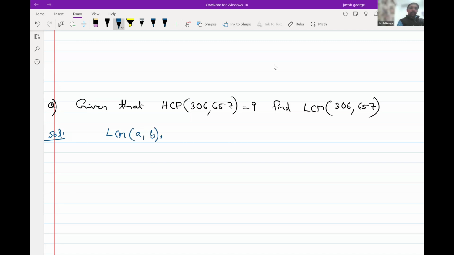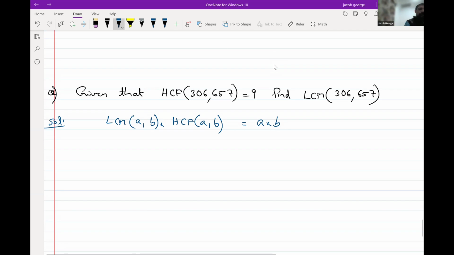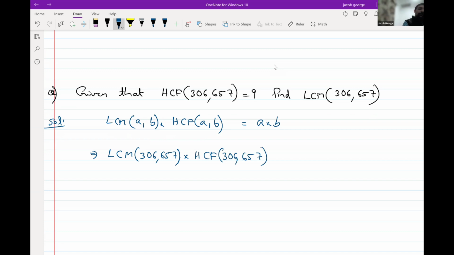According to this formula, we can write LCM of 306, 657 into HCF of 306, 657 is equal to 306 into 657.